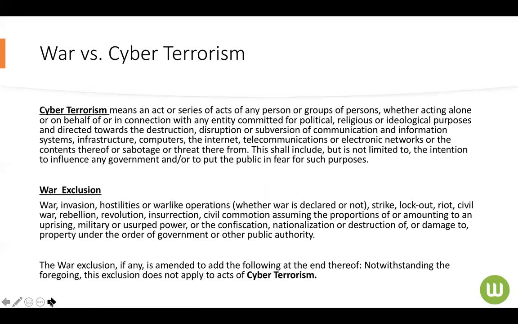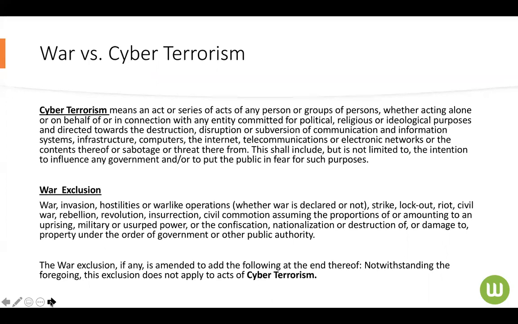You'll see here the definition of each one of these. Cyber terrorism means an act or series of acts of any person or group of persons, whether acting alone or on behalf of or in connection with an entity, committed for political, religious, or ideological purposes. You can read through the definition.